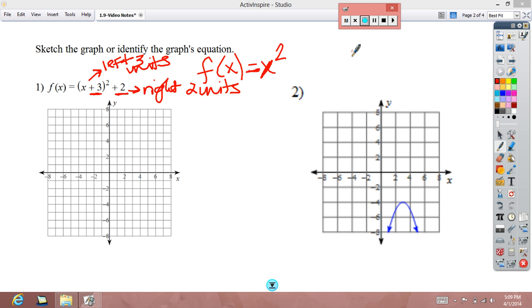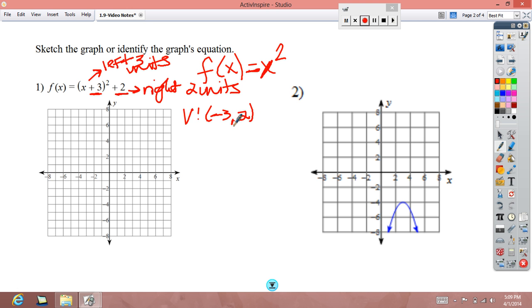We also should notice that this is in vertex form. Wouldn't this give us our vertex? Wouldn't our vertex be negative 3, 2? And isn't that what happens here? This graph goes left 3 and up 2, making our vertex at negative 3, 2. And so the vertex form is essentially the translations.